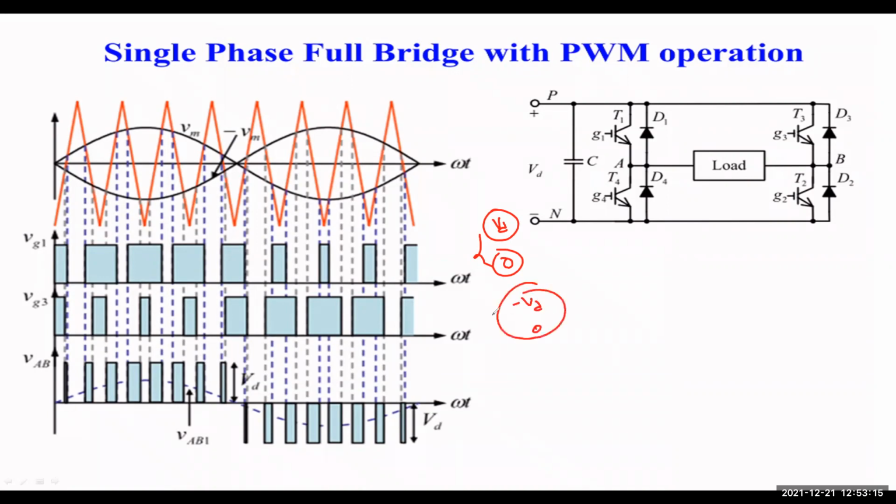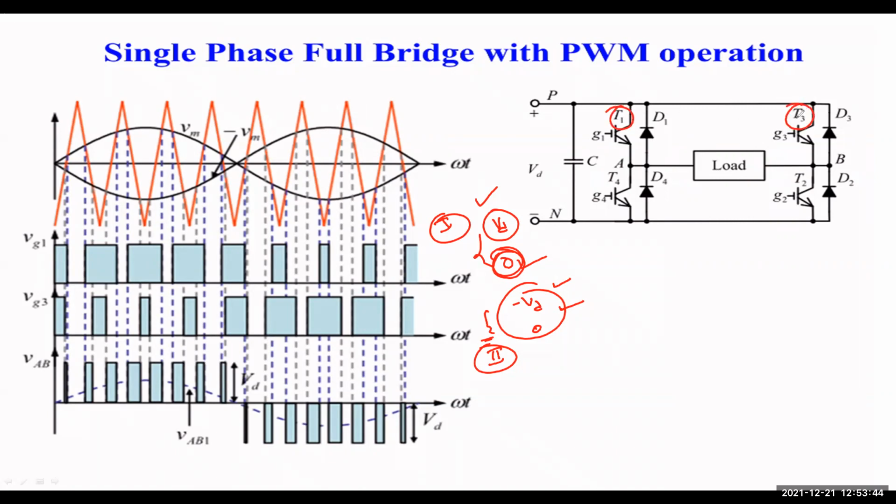The first combination is 0 and plus VD, and the second combination is 0 and minus VD. We want this type of combination for unipolar operation. So how do we get this output voltage 0 across the load? By operating the switches T1 and by operating the switches T3.